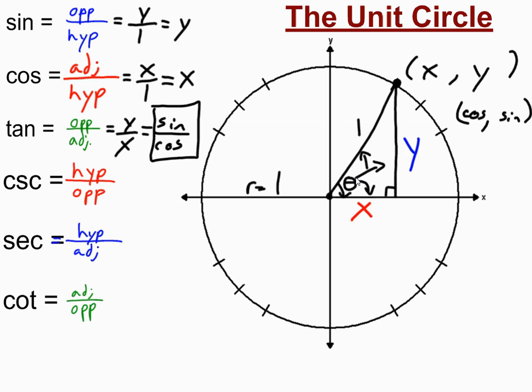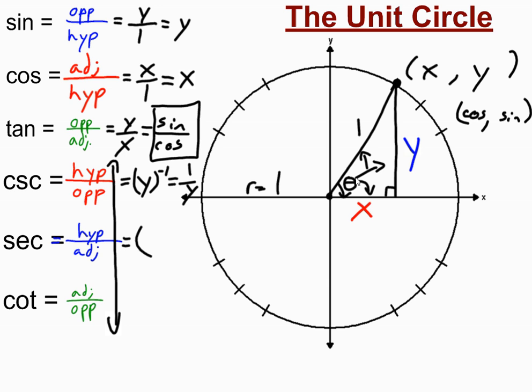Because we know that the cosecant, secant, and cotangent are reciprocals, I don't necessarily remember hypotenuse over opposite. What I remember is take my sine and flip it. Well, my sine is y. The reciprocal of y, y flipped, is 1 over y.